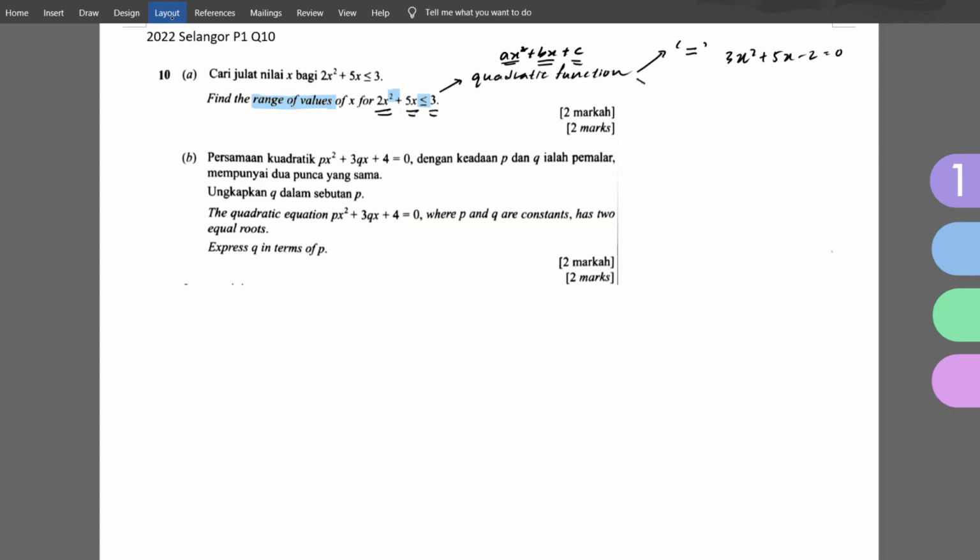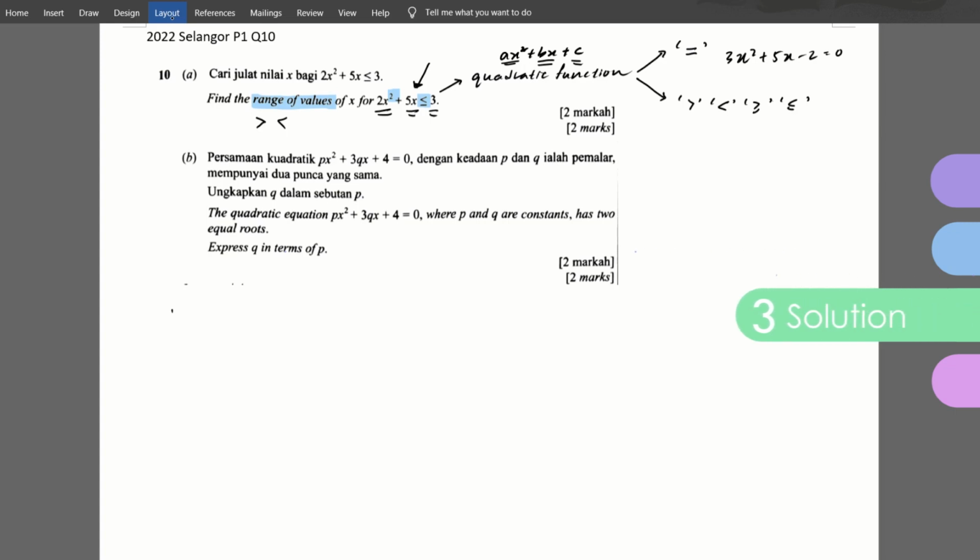In this question, we are focusing on inequalities, which can be seen here. The question also states that we need to find the range of values. This means that our final answer will involve inequalities, maybe more than or less than or other inequalities.